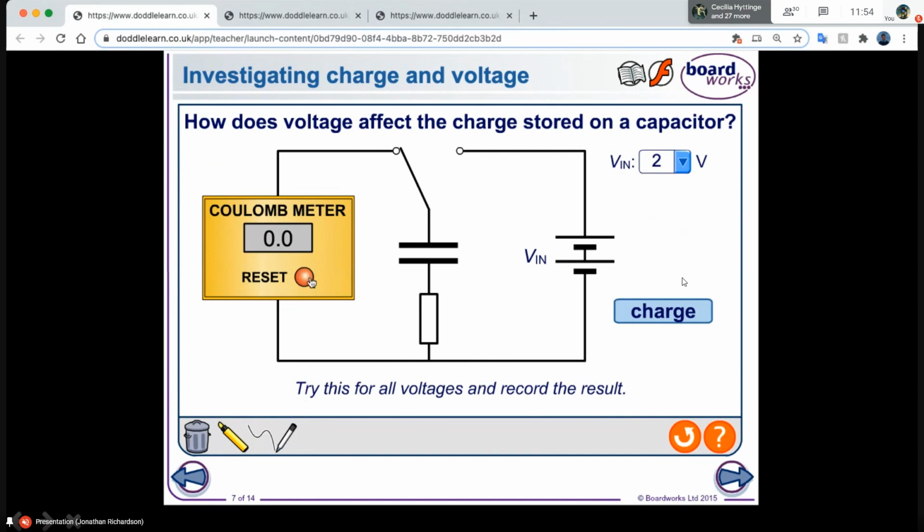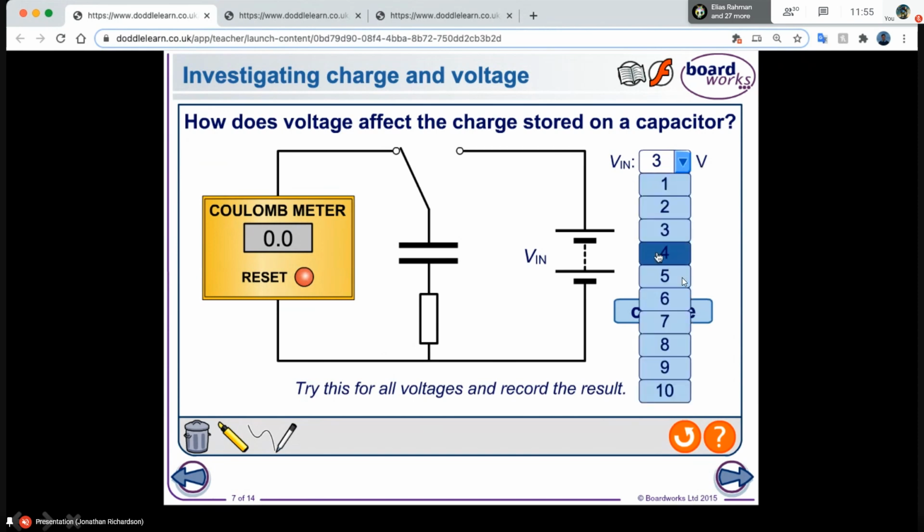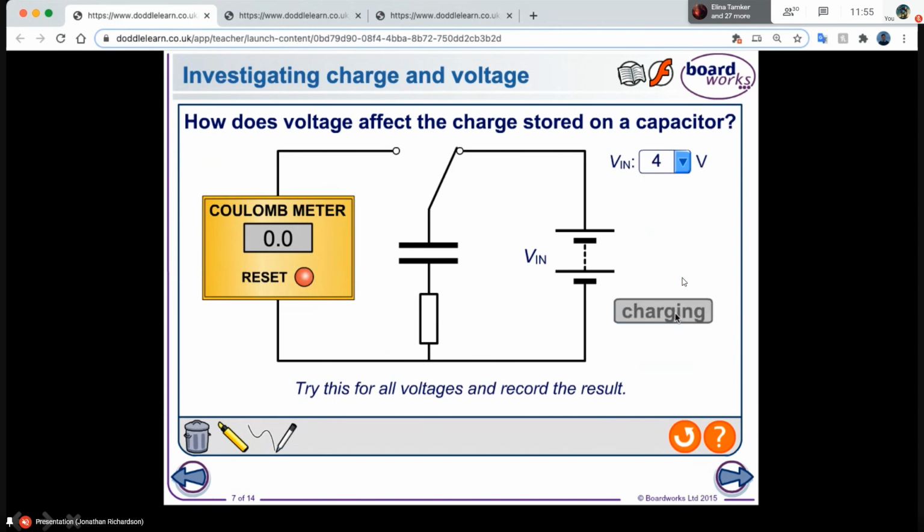So reset again, charge with 3 volts and measure. We now get 29.1. So let's reset, charge with 4 volts, measure.